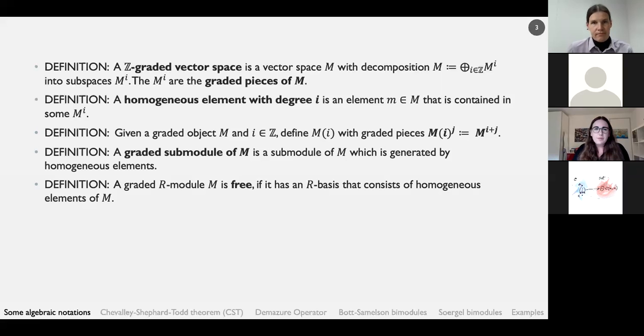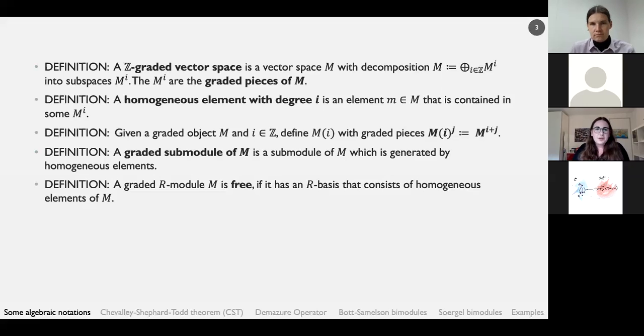I've already said that we can arrange the graded pieces by height. If we now arrange them vertically, for example, M(1) is obtained by shifting M by 1, and we say that M(i) is obtained from M via a shift in the grading. So we say M with a shift in grading by 1.